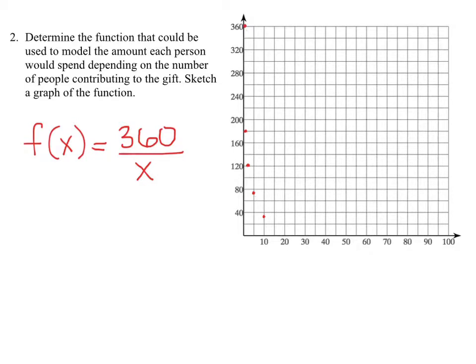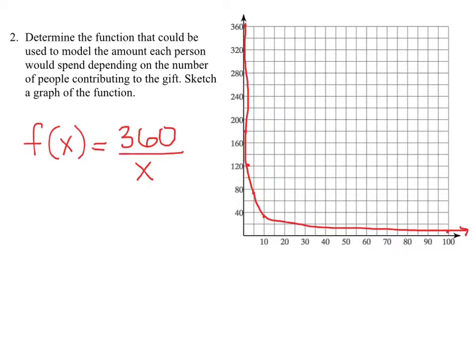And then 100 people was a whopping $3.60. So when I go and connect, the graph goes and does something like this, but a lot smoother.